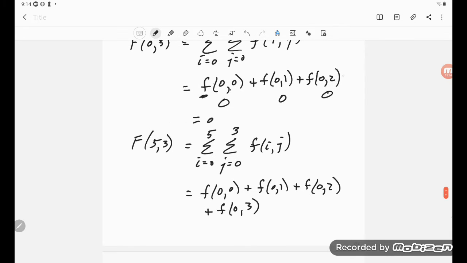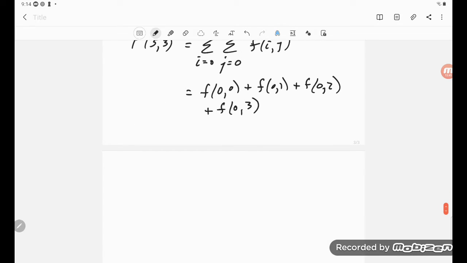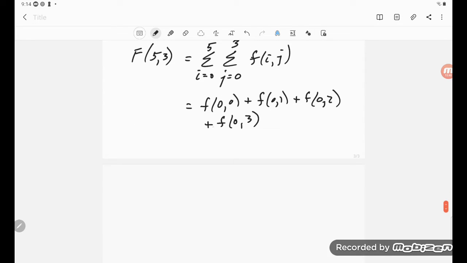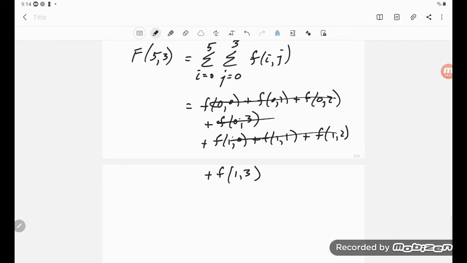I forgot my 3 up here. But that was also still 0. So all of those are going to be 0, but then we go to plus f at 1, 0, plus f at 1, 1, plus f at 1, 2, plus f at 1, 3. So far these are all 0.